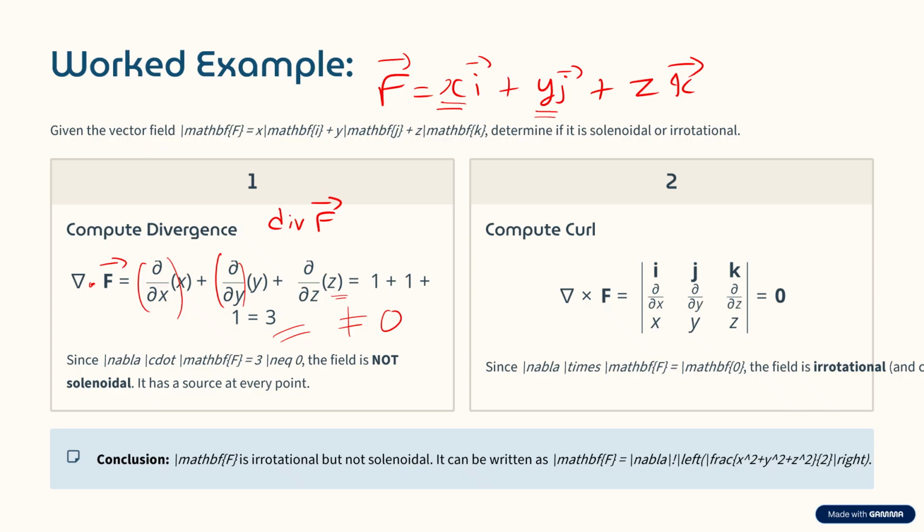Next we are going to see how to calculate the curl of f vector. The same f vector, x i plus y j plus z k. Curl of f vector is denoted by del cross f vector. How to find the cross product? Using the determinant. In the first row, as usual, we write i vector, j vector, k vector.